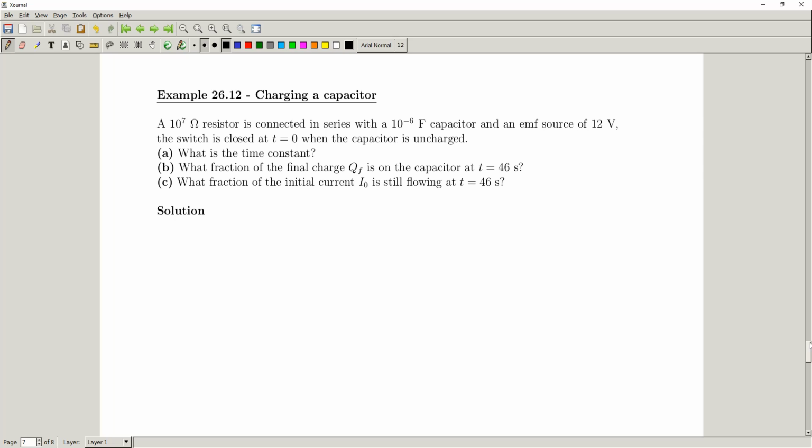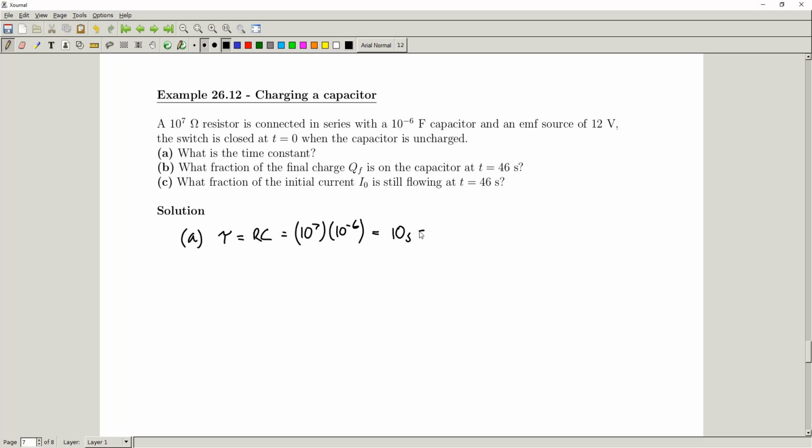Okay. So the first thing we want to know in part A is what is the time constant. Okay, so this is very, very easy. We just go to our expression for the time constant. We know that the time constant, written as tau, the Greek letter tau, is equal to RC. We can just take the values directly from above. It's just going to be 10 to the 7 times 10 to the minus 6, and this is going to give us 10 seconds.